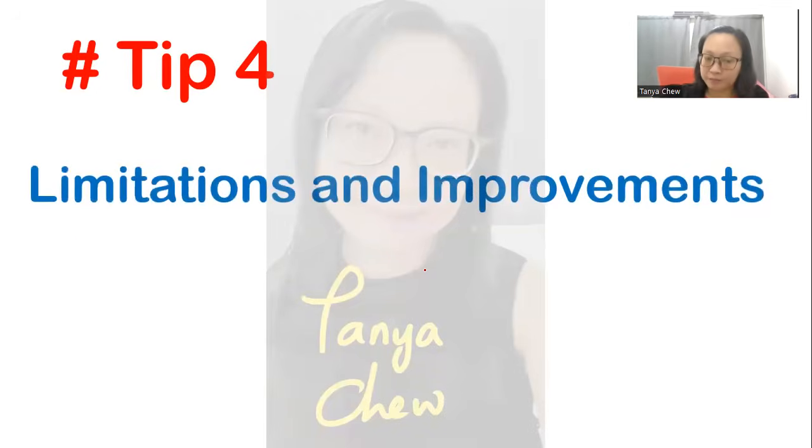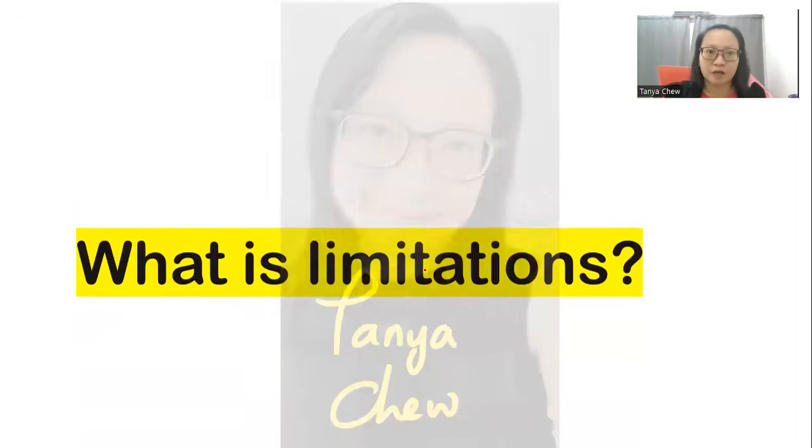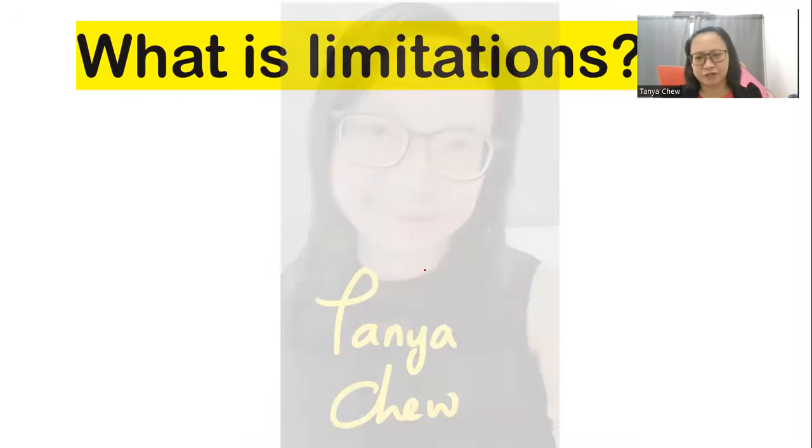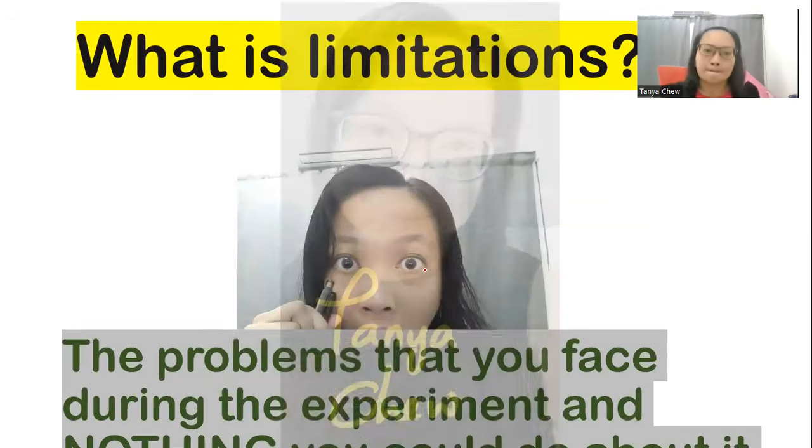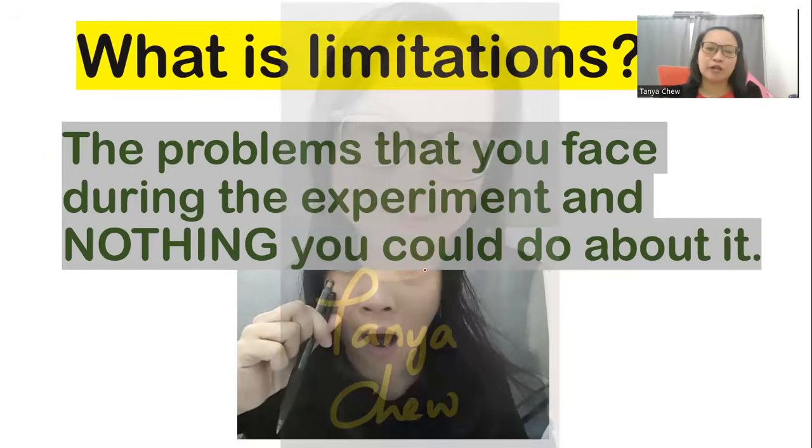And the last, tip number 4. Wow, this is the hardest part to score full marks for question number 2. Don't you think so? Limitations and improvements. So what is a limitation? Most of the students think that a limitation is just a normal problem that you face, right? It is true in a way, but it is actually the problems that you face during the experiment and nothing you could do about it.